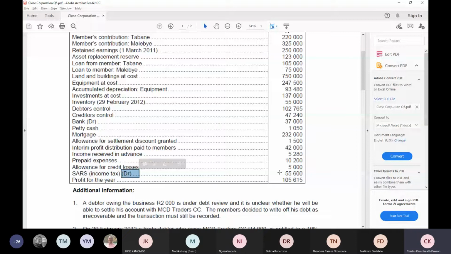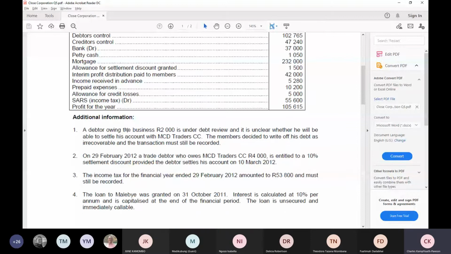Okay, so let's look at the additional information. A debtor owing the business 2,000 is under debt review and it is unclear whether he will be able to settle his account with MCD Traders. The members decided to write off his debt as irrecoverable and the transaction must still be recorded. Okay.